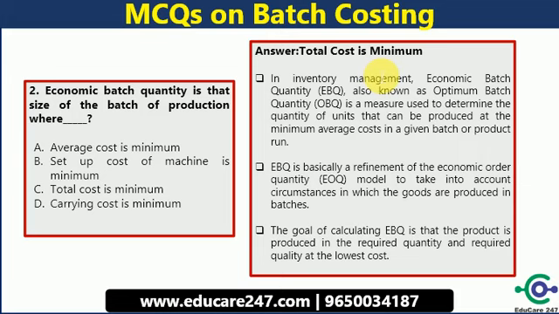So basically we need to understand what exactly economic batch quantity is. In inventory management, economic batch quantity is also known as optimum batch quantity, which is a measure used to determine the quantity of units that can be produced at the minimum average cost in a given batch or product run.